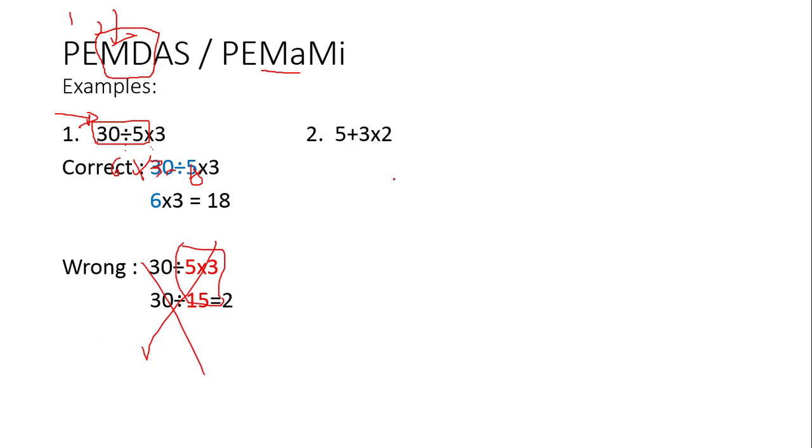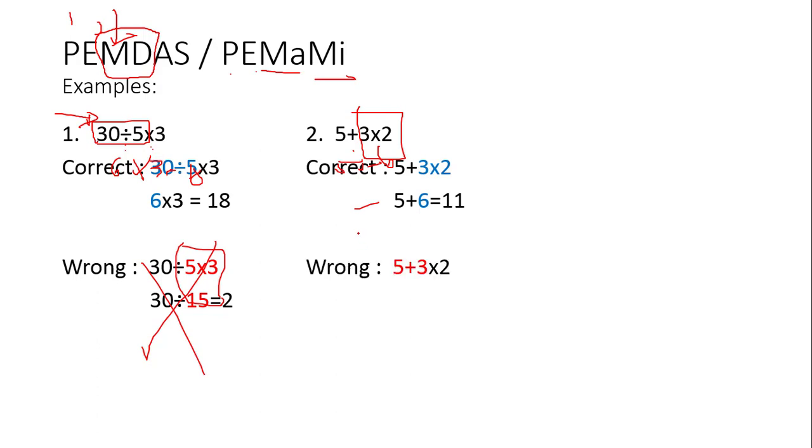Okay, next example, we have 5 plus 3 times 2. Parenthesis, wala naman. Exponent, wala. Major operation, we have major operation here. 3 times 2, we have 6. Then, wala na. Next minor operation is addition. So, 5 plus 6, we have 11.